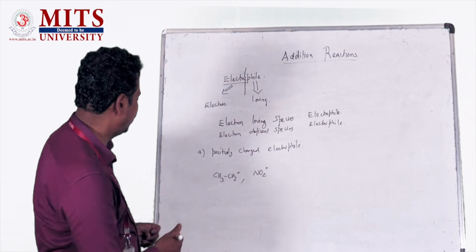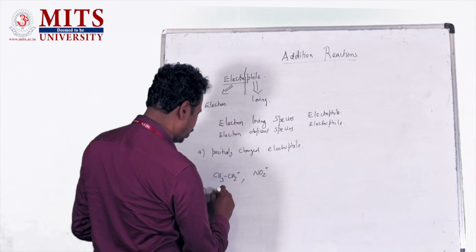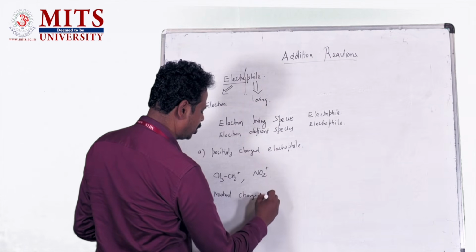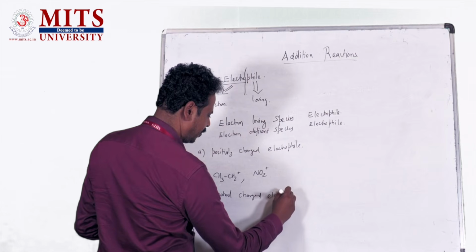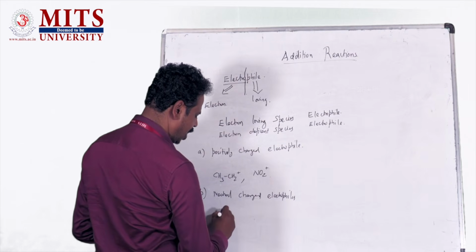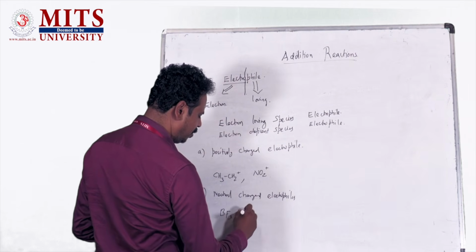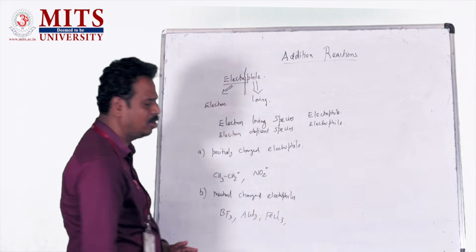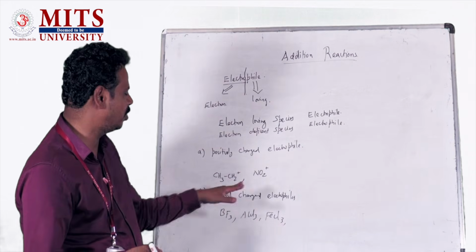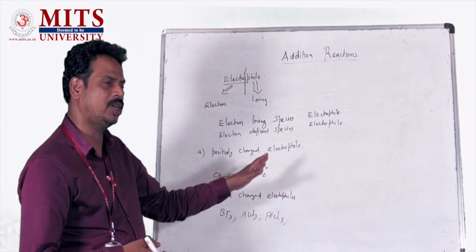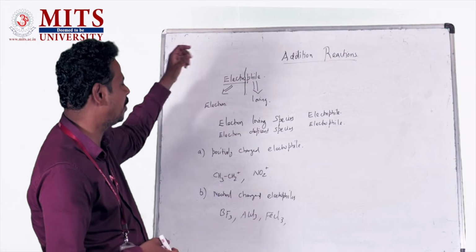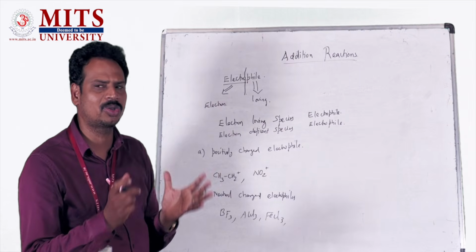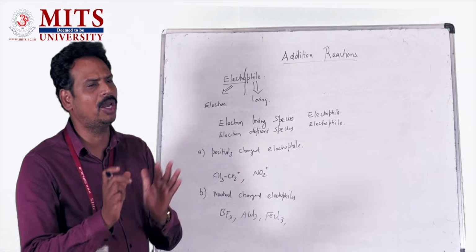The second type is neutral charged electrophiles. They include BF3, aluminum chloride, and FeCl3. These are all Lewis acids, and they are considered neutral charged electrophiles. So an electrophile is basically an electron deficient species, otherwise called an electron loving species.